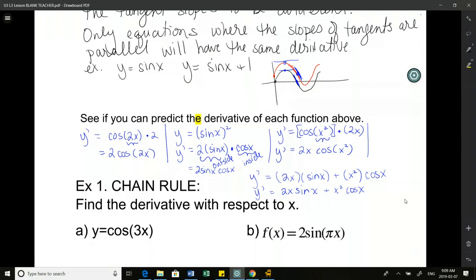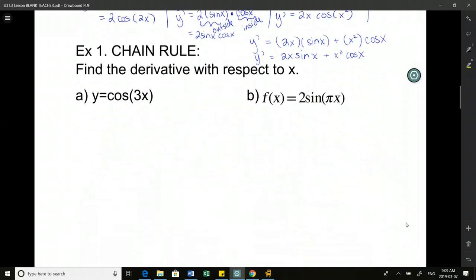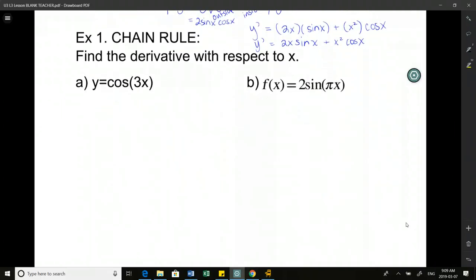Okay, so we're just going to do practice with this today, just so we can understand how to apply these rules. So chain rule. Think of it as we want to do derivative of the outside, so we do derivative of the whole thing, right, like the cos part, and then we have to do derivative of whatever is inside the cosine. So thoughts as to what the derivative for this guy will be?